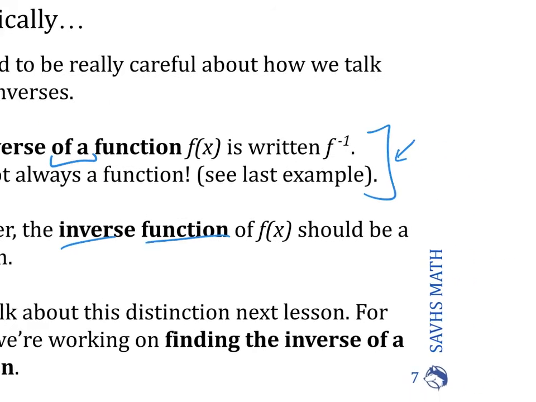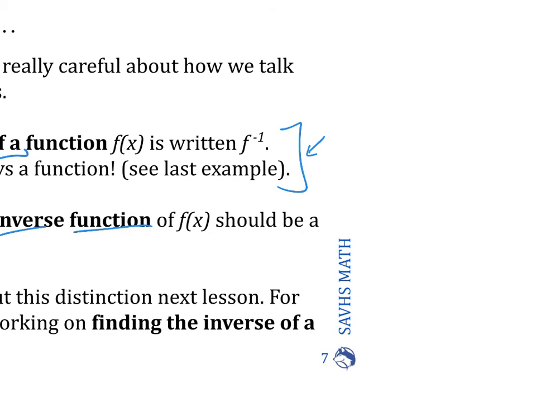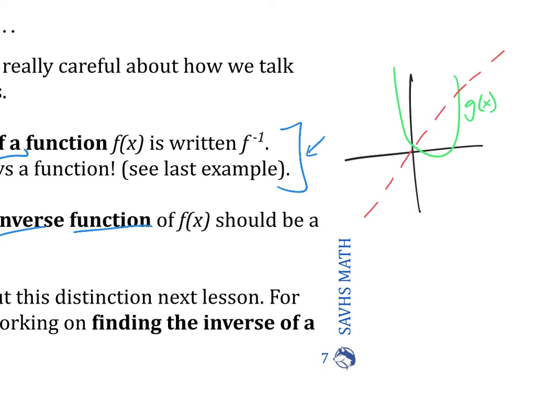The reason we care about this is because maybe you're thinking about what the graphs of these things look like. On that last example, we had a parabola, which was g of x. If we take that and reflect it across the line y equals x, we're going to get the graph of the inverse of the function. And that's going to look something like this.